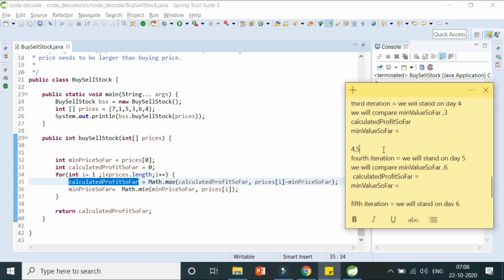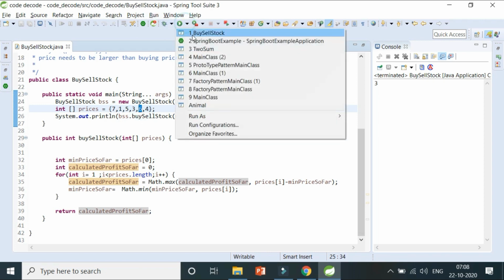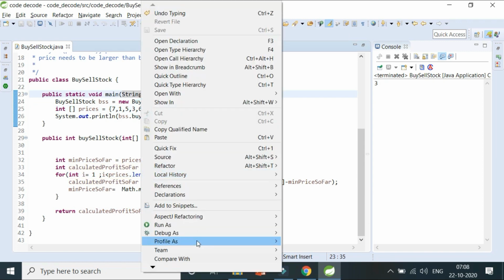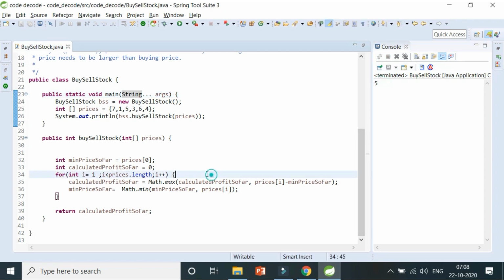So from 4 and 5, 5 is the highest, so this function will return 5 as the maximum profit and the minimum value would be 1 again. So let's check it. If we buy the stock at this point of time, if we sell on this point of time, our profit would be 5. So let's run this. Okay, so we got our profit 5.